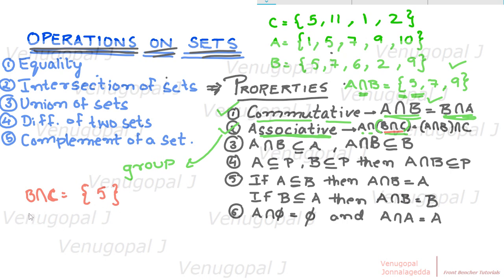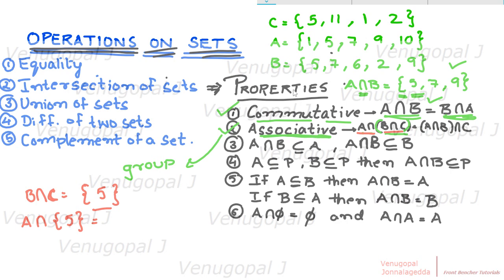Okay, a set. And now we have to look at A intersection 5. So we have a set A and we are trying to intersect it with another set which is B intersect C, which is 5. So now let's find out what intersection we get.